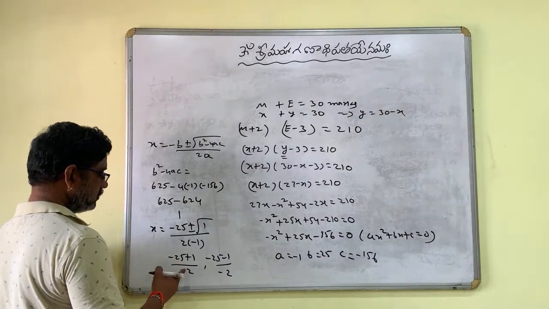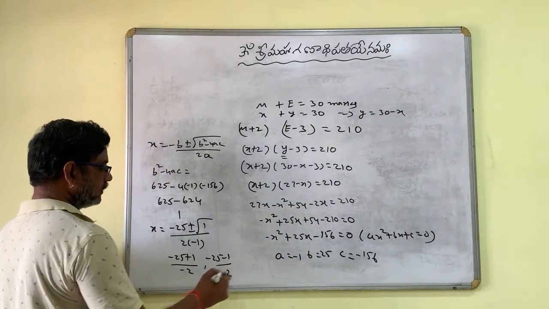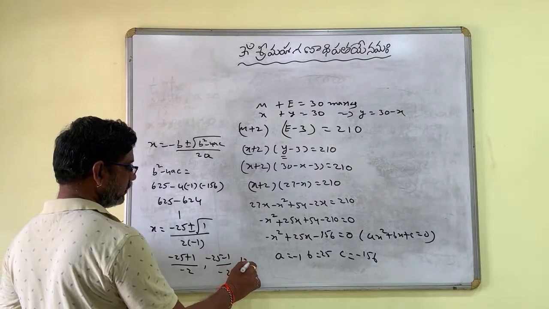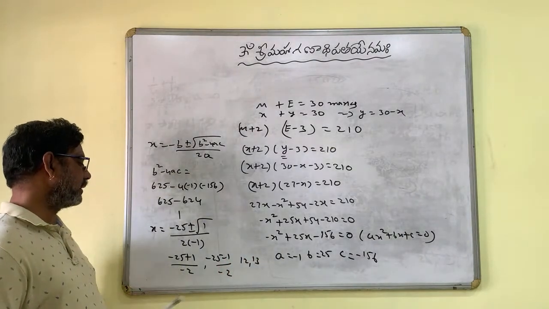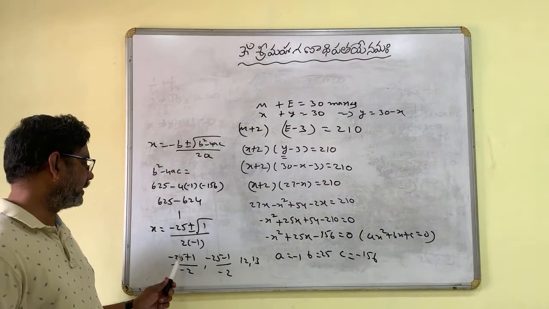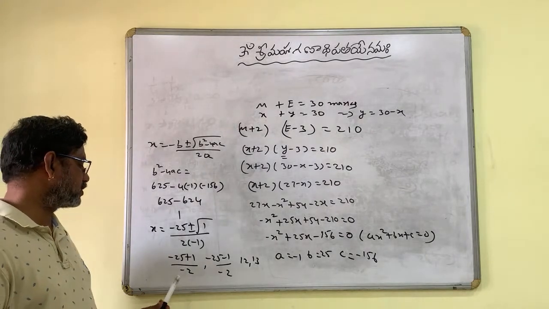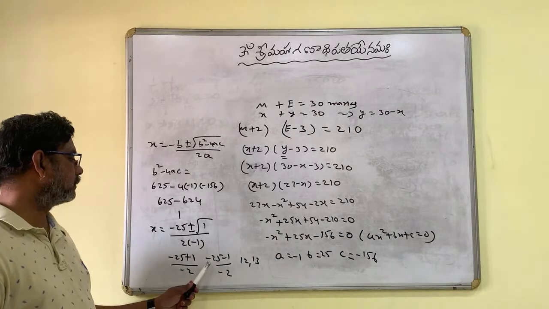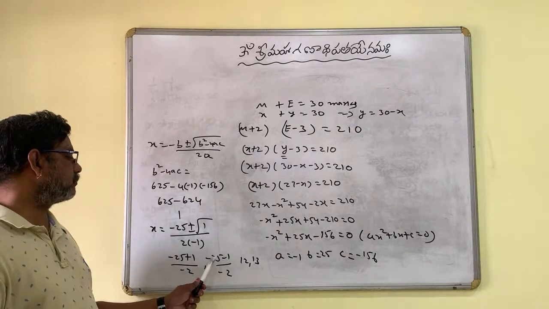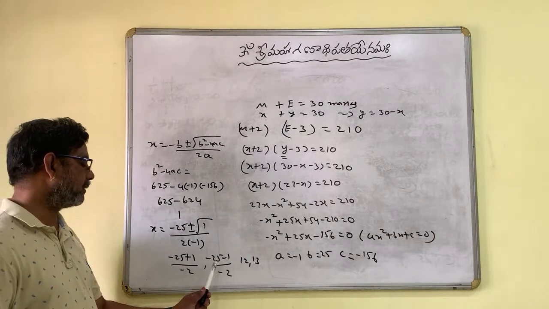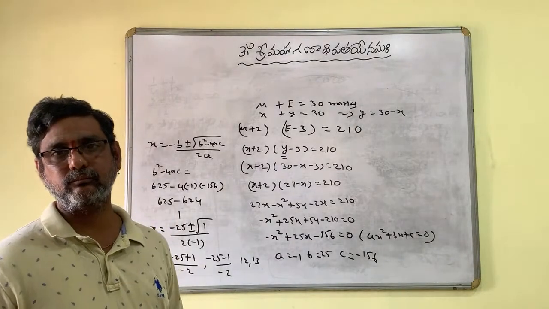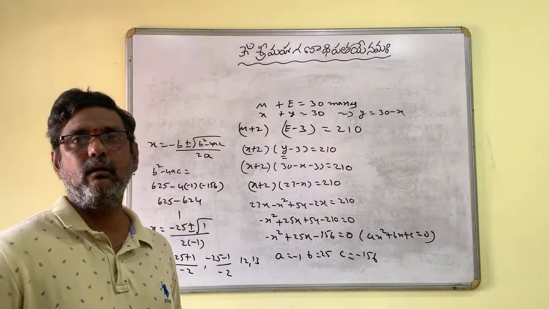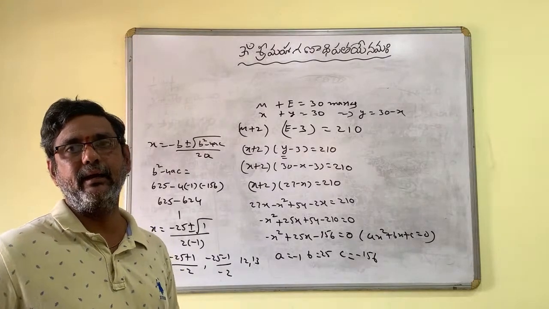Minus 25 plus 1 is minus 24, minus 24 by minus 2, 12. And minus 25 minus 1 is minus 26 by minus 2, 13. So 12 and 13.